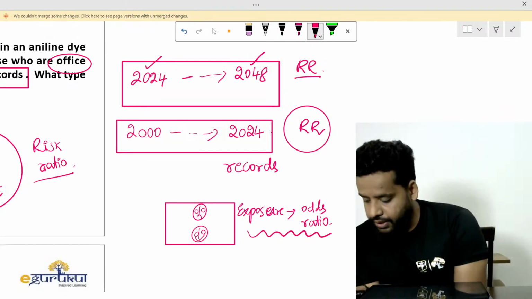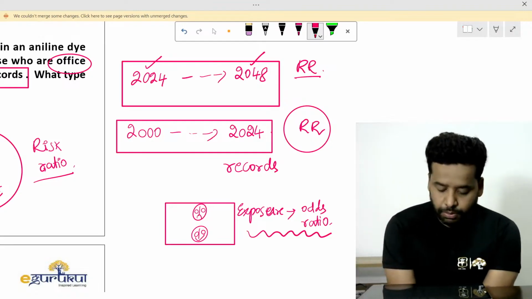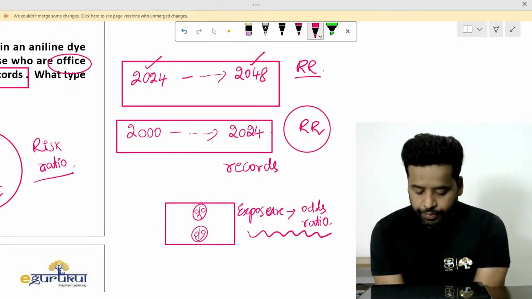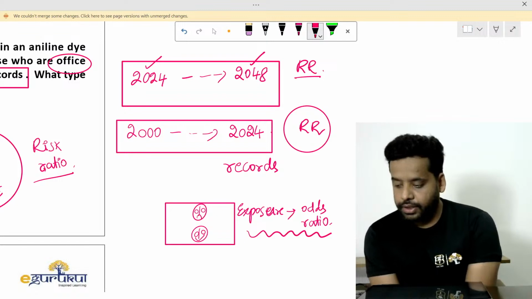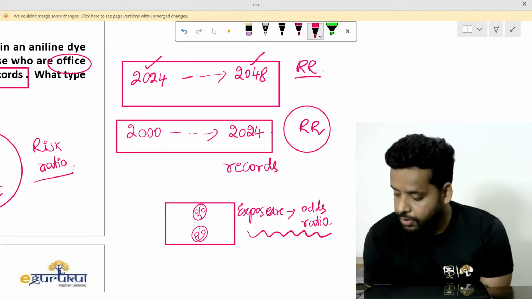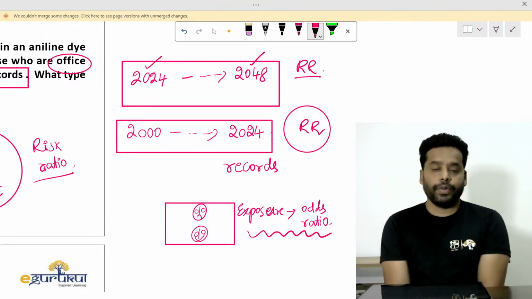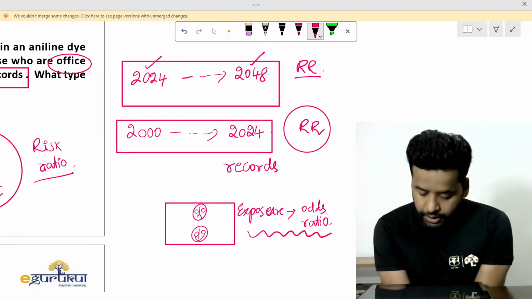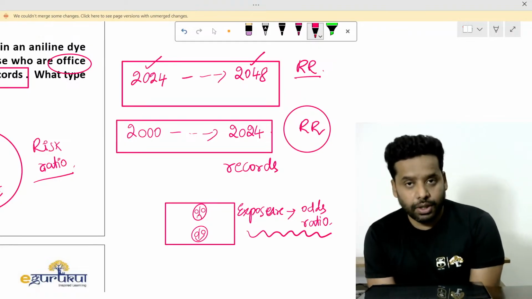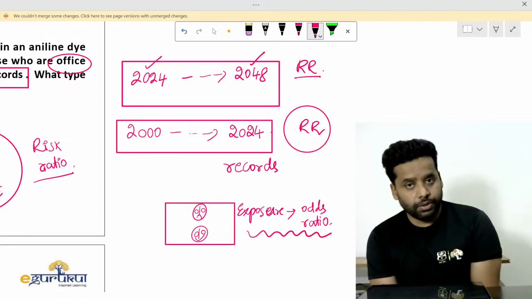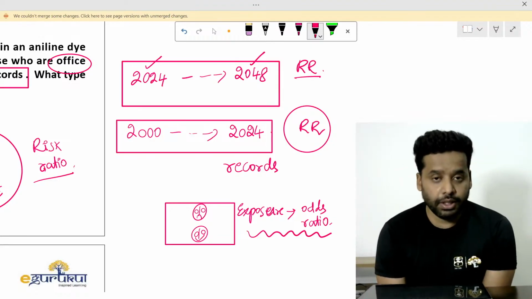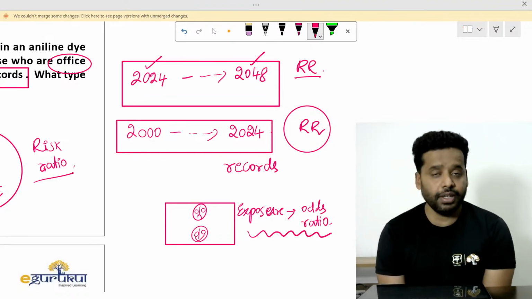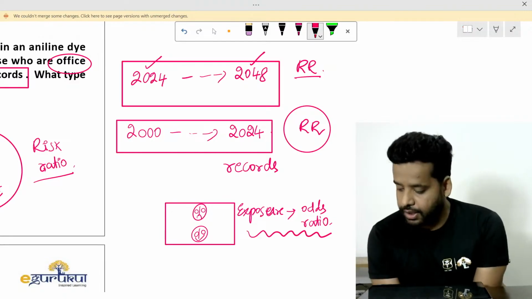What is one more name for case control study? It is retrospective study. Very good. Retrospective cohort is different. The retrospective study is different. If they mention the retrospective study, then it is the very basic case control study.